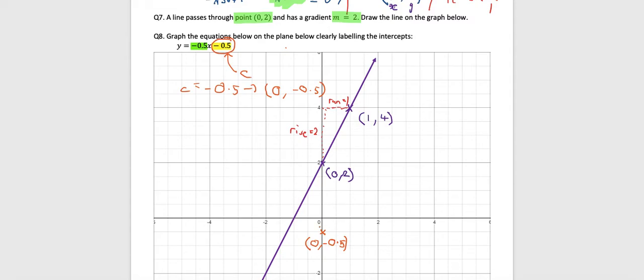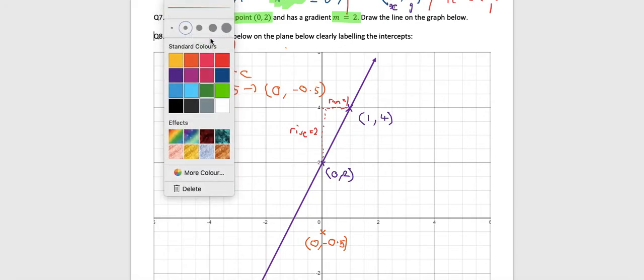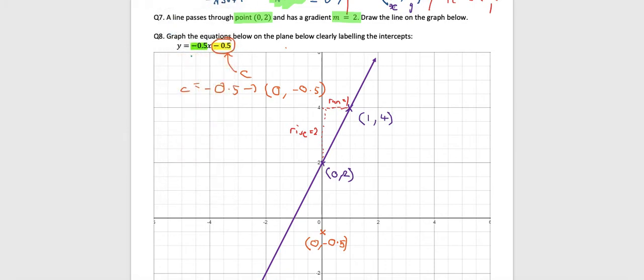Now we have to derive another point. Notice now that we've plotted the y-intercept, it's the same process as in Q7, because we've got our gradient already set out for us. So it's as simple as saying m equals negative 0.5, and to transfer that into a fraction we can go negative 0.5 over 1.